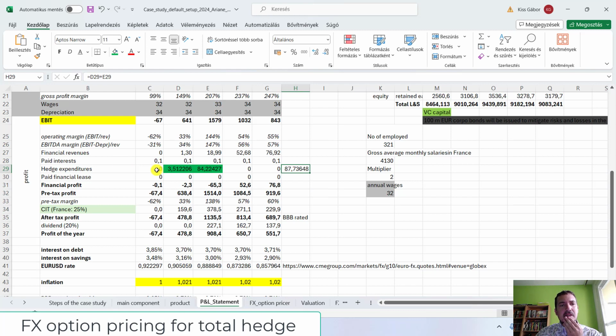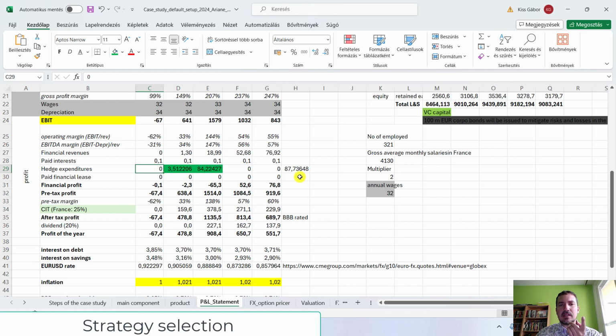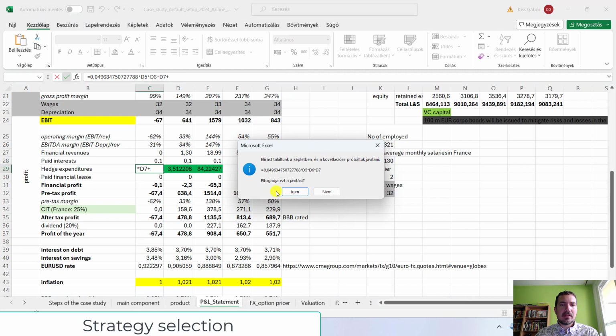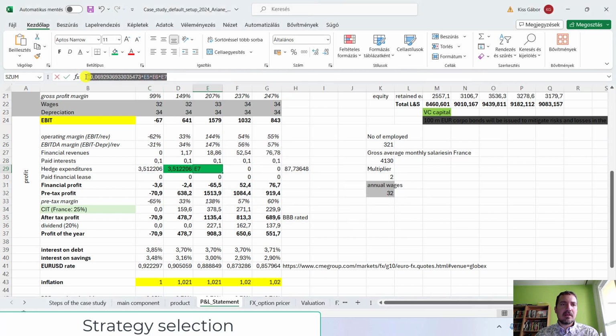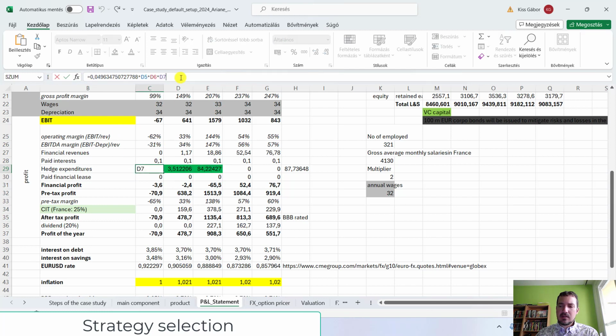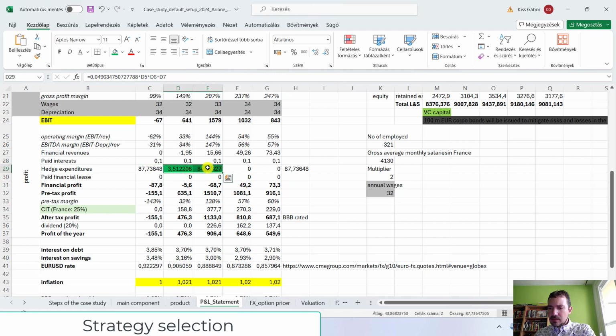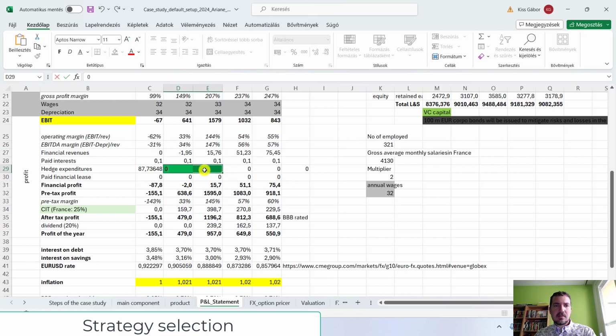And you can say, okay, but come on, I purchased all these options today, so practically these things are not happening in these years, these things are happening right now, so I have to move them into my balance sheet, because right now we are already defending ourselves against the exposures, and this is not happening.